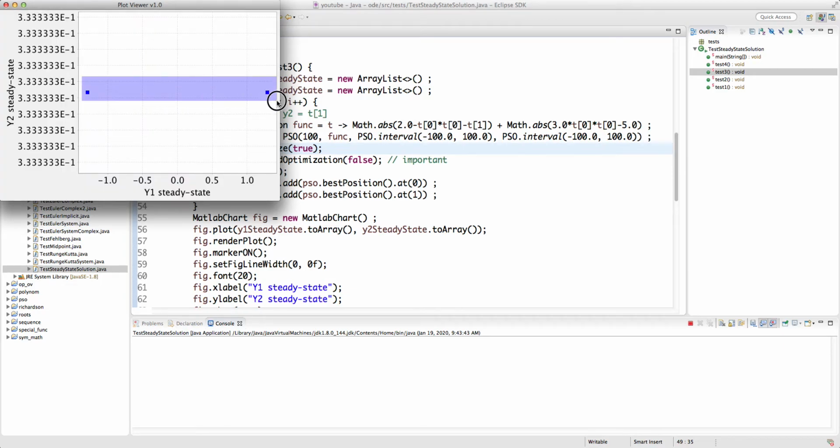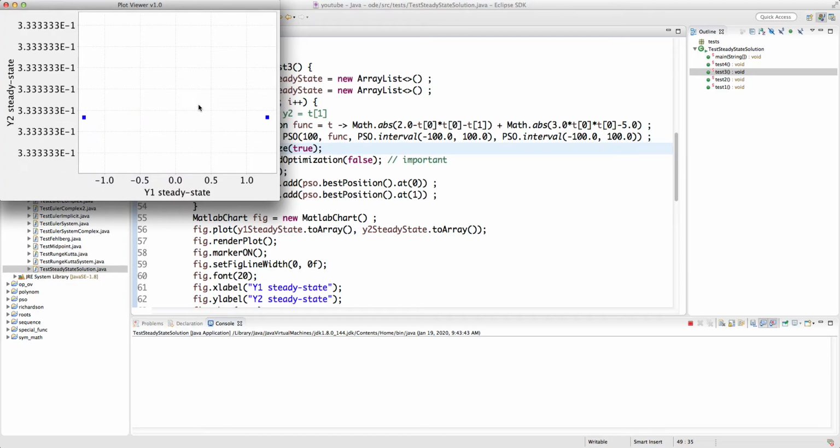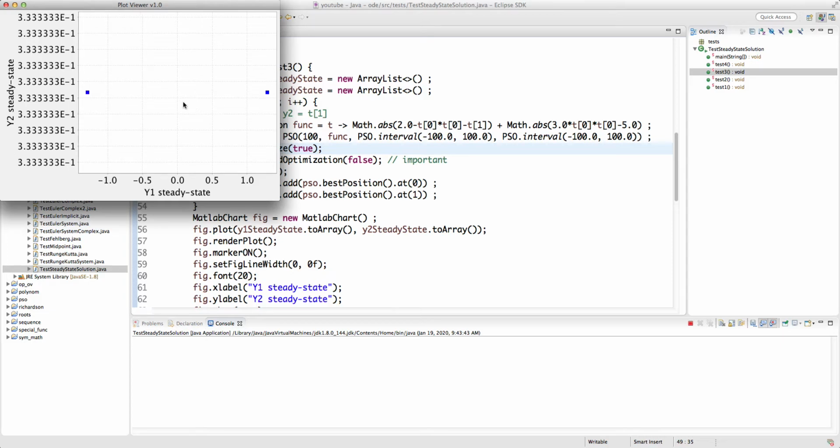As you can see, we have two steady state solutions, because t0 can be plus or minus the square root of 5 over 3, right? But for either of these values, t1 is always 2 minus 5 over 3, which is 0.33. So we have two steady state solutions pretty much at the same level for y2, all right?